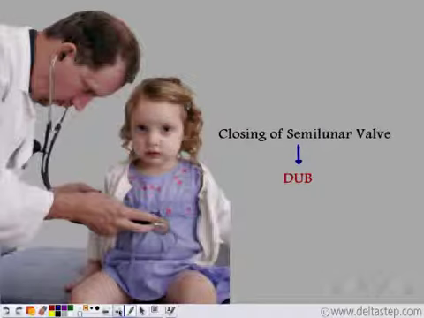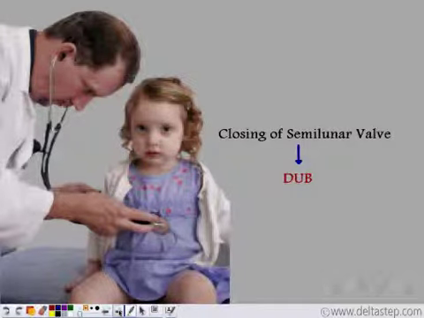So the first heart sound was lub, which occurs just at the beginning of atrial diastole because of the shutting of the atrioventricular valves. And the second heart sound, dub, happens just at the end of ventricular systole when the semilunar valves shut.